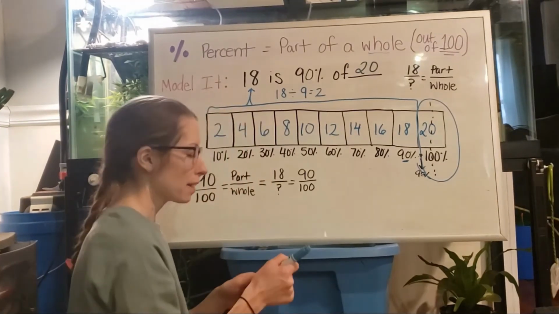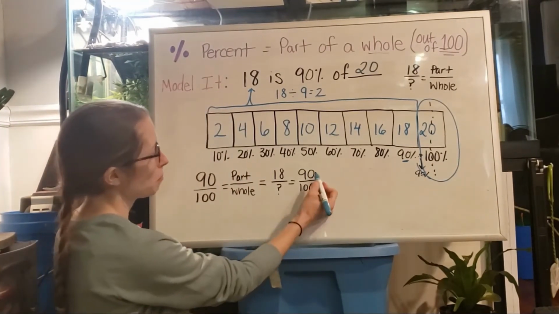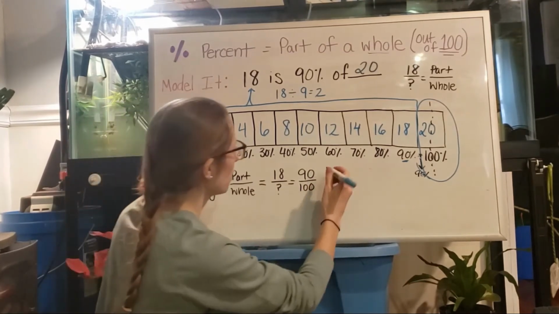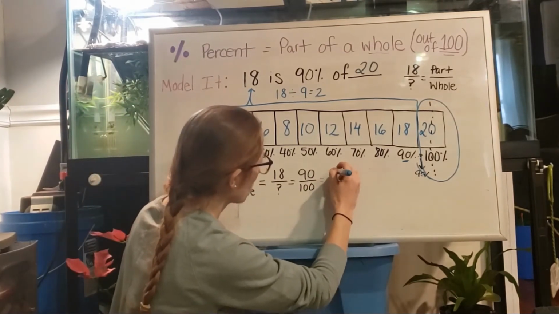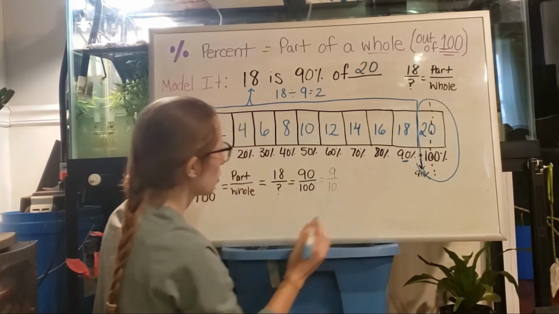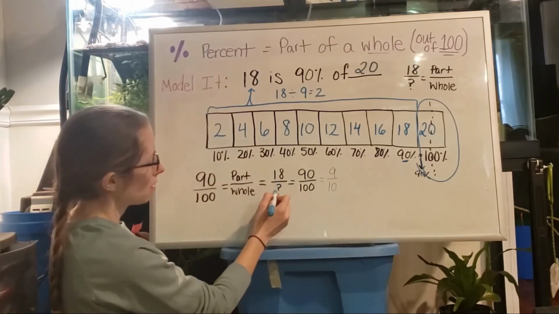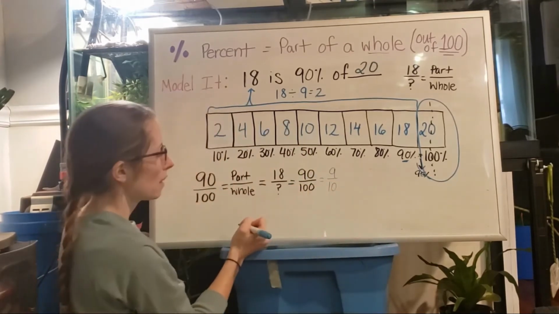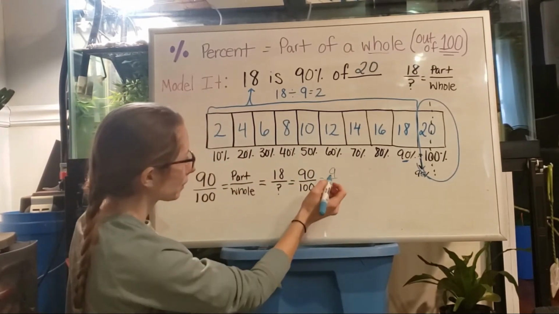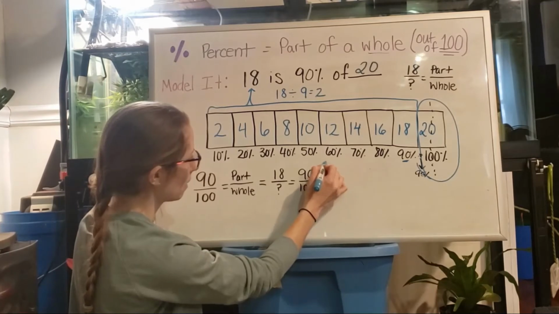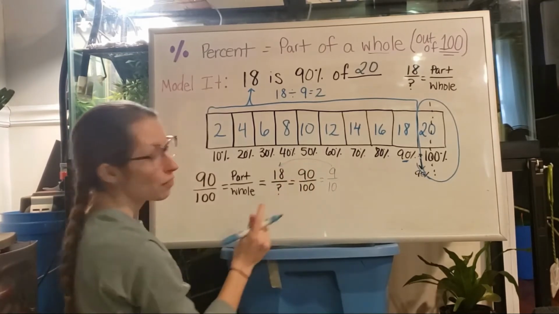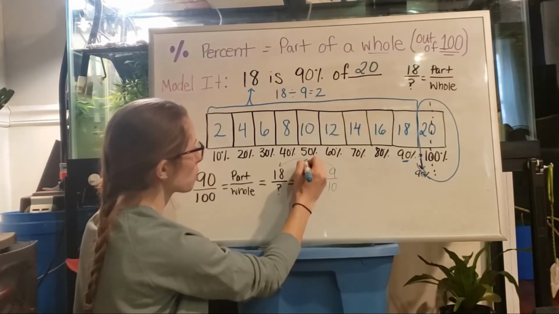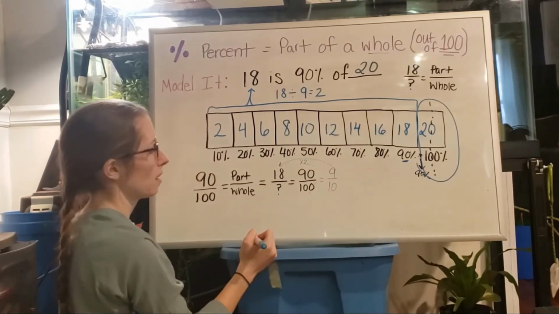So to make my math easier here, I'm actually going to simplify that 90 over 100 and change it into 9/10. So if I set my 18 over my unknown equal to 9/10, I can easily say, well, how do I get from 9 to 18? If you know your multiplication facts, you'll know right away that 9 times 2 gives me 18.